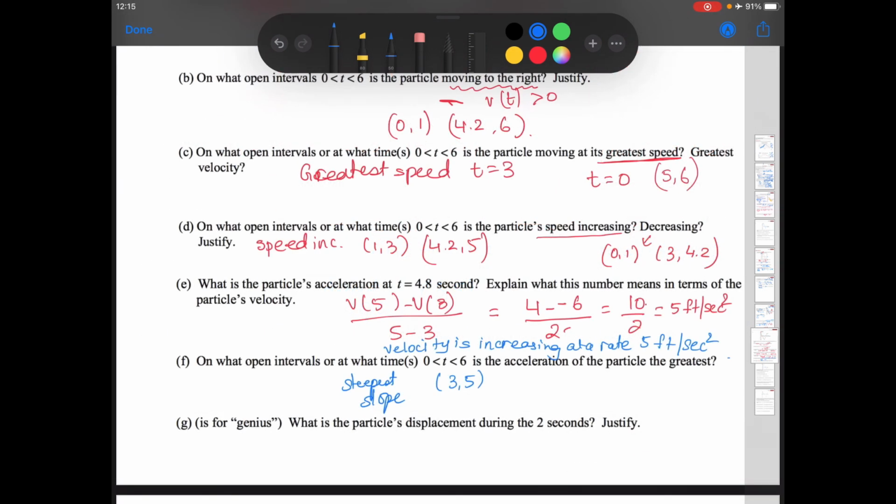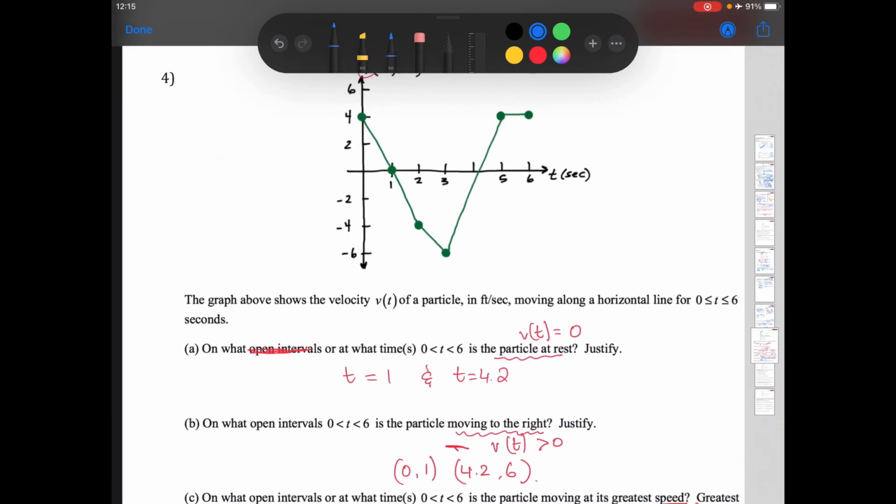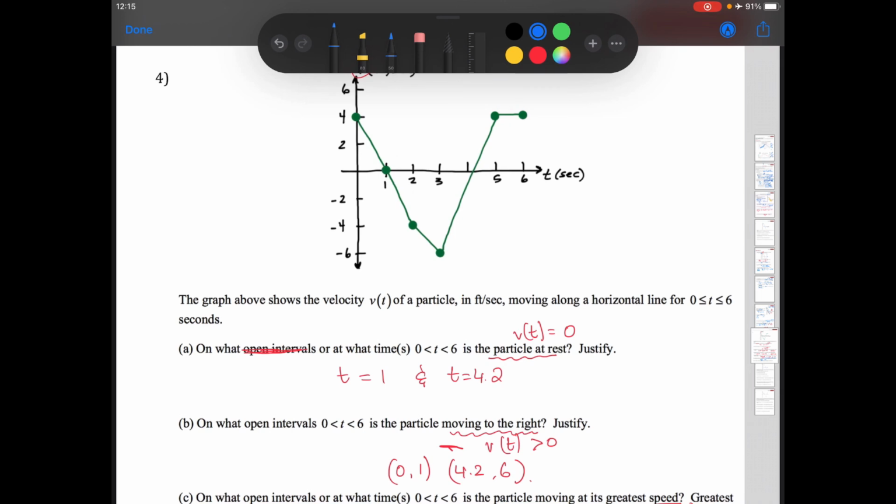Part G. It says, what is the particle's displacement during the 2 seconds? Justify. During the 2 seconds, let's block off this area from 0 to 2. Would you agree that the particle moves almost the same amount to the right, because it's above the x-axis, and the same amount to the left, because it's below the x-axis?